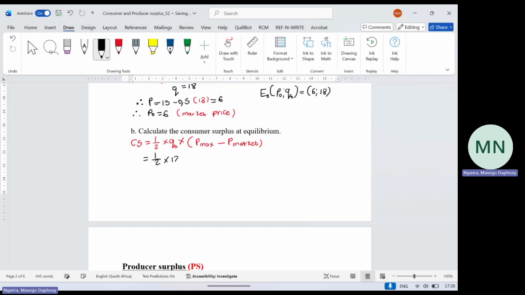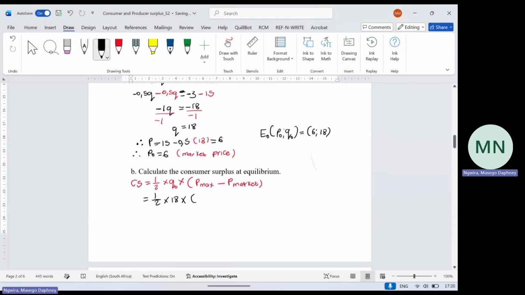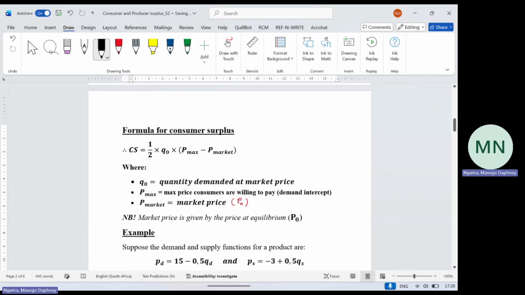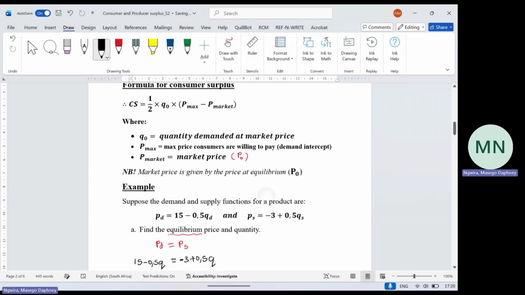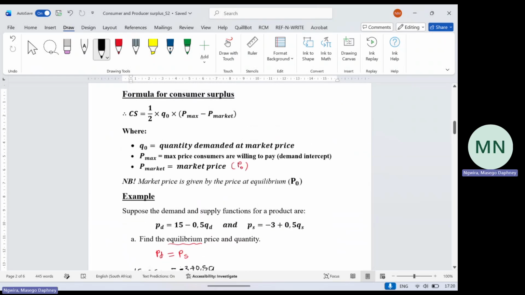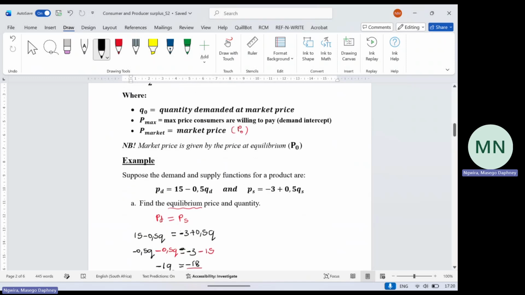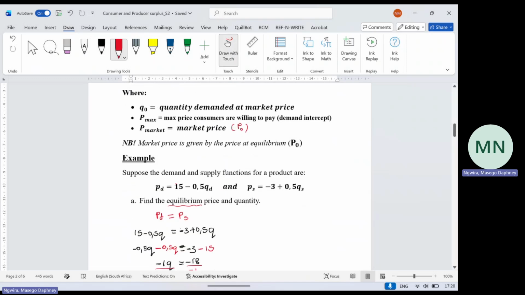Q naught is 18, and this is times a bracket of our Pmax. We said that is the intercept, if you remember. Pmax, we said that it's the maximum price consumers are willing to pay, on the demand function. From the given functions, this is always your Pmax.